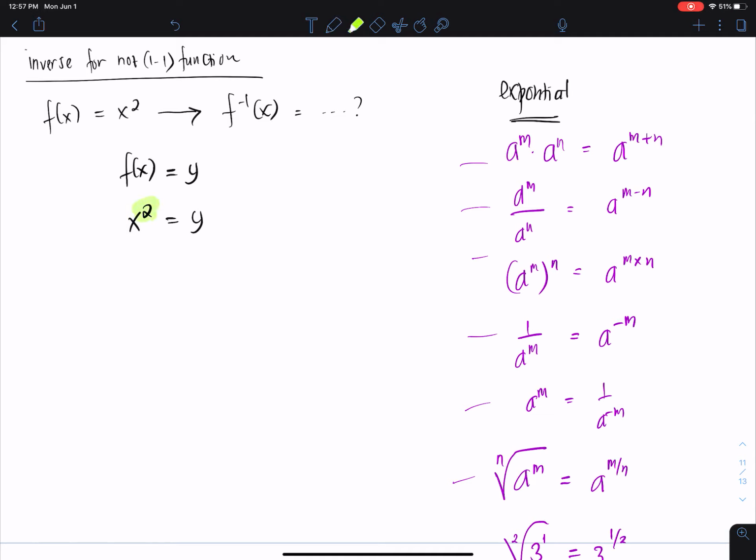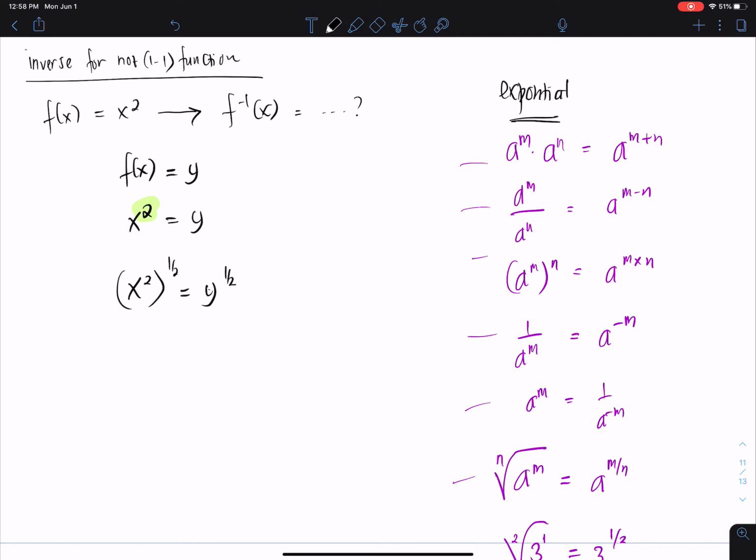So how are we going to remove or dissolve the square over there? Of course, by raising to the power of 1 over 2. Because if the left side is raised to the power of 1 over 2, the other side must be the same, to keep it balanced. The value will not be changed.